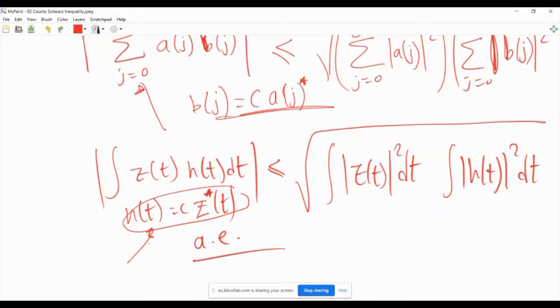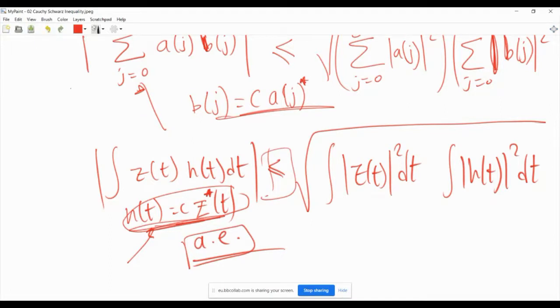Remember that integrals are insensitive, blind to the perturbations that you may do on a set of measure 0. So yes, you can violate this so long as you do the violations on a set of measure 0, then you are fine and you will get an equality here.